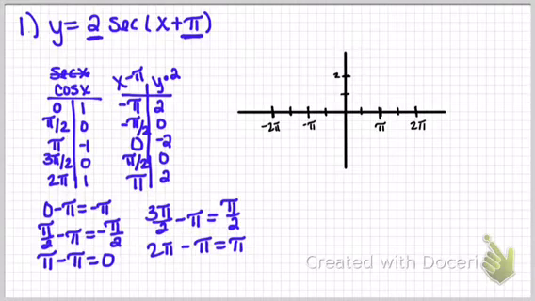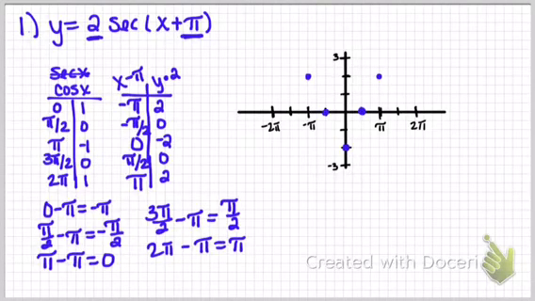Yours goes up to 3. Okay, so let's plot our points. Negative pi, positive 2. Negative pi over 2 is 0. 0, negative 2, pi over 2, 0, and pi, 2.